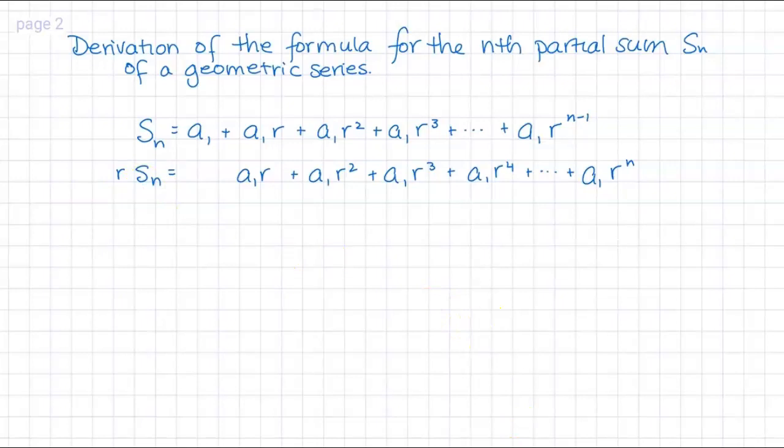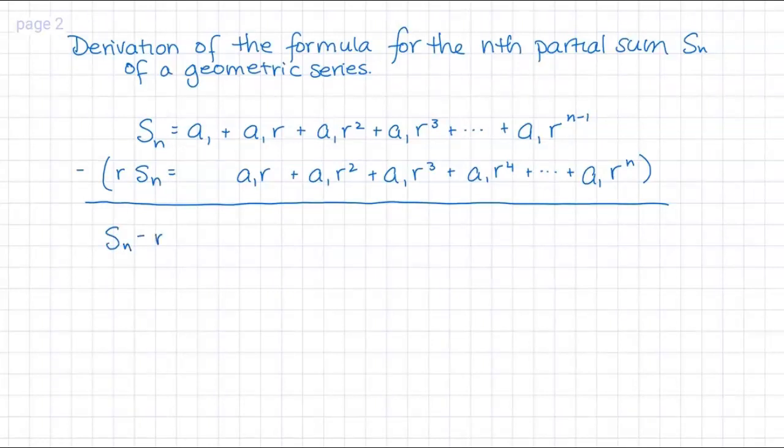By writing it this way, it looks like I have the same thing as above, but I just lost this. But really what I did, every single term got multiplied by r. And then I'm just lining up my like terms. So what I'm going to do is subtract the equations. On the left-hand side, we're going to have S sub n minus r S sub n.